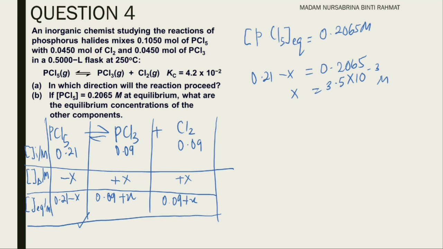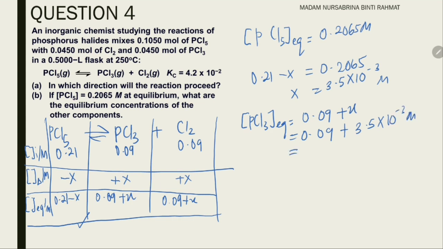Your PCl3 at equilibrium is 0.09 plus X, so 0.09 plus 3.5 times 10 to the minus 3 molar, which gives 0.0935 molar.